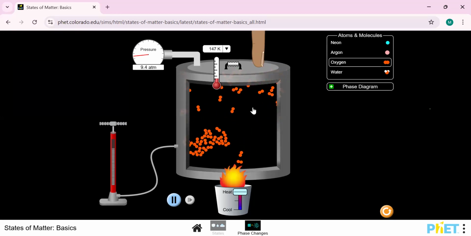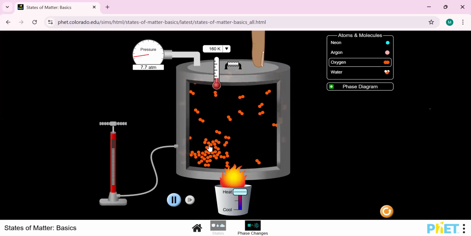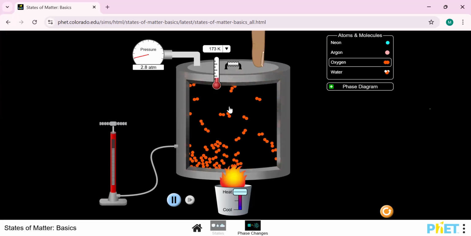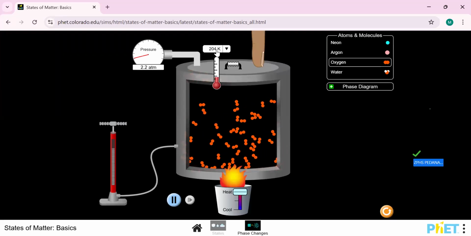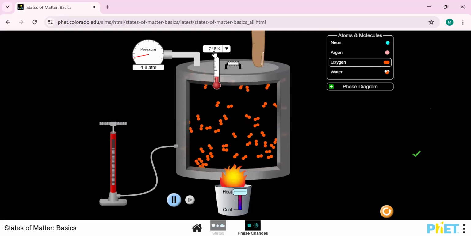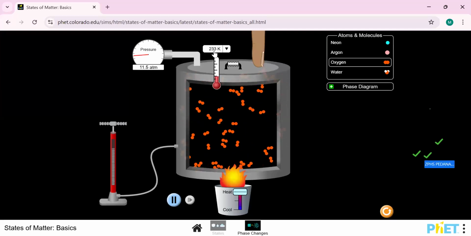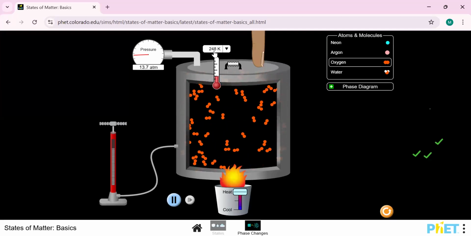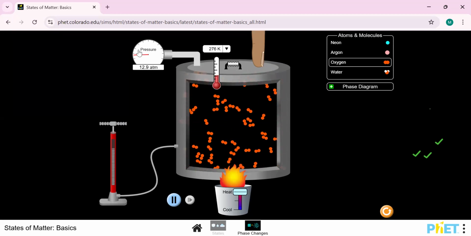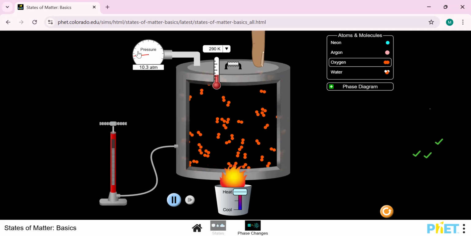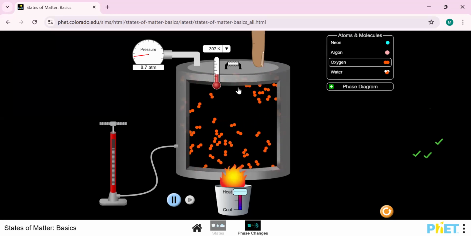See here, the molecules move here and there. They bombard the wall also. The temperature is increased slowly: 226, 300, like that. The pressure is also increased very slowly.